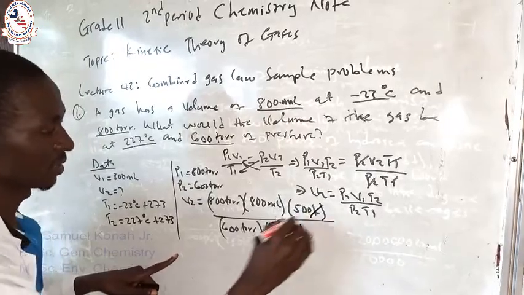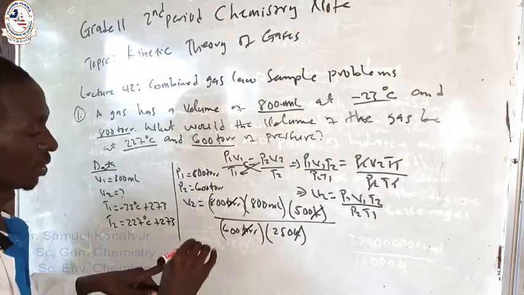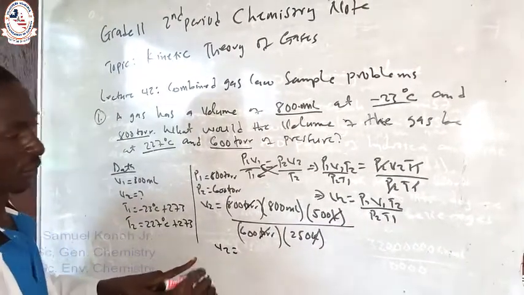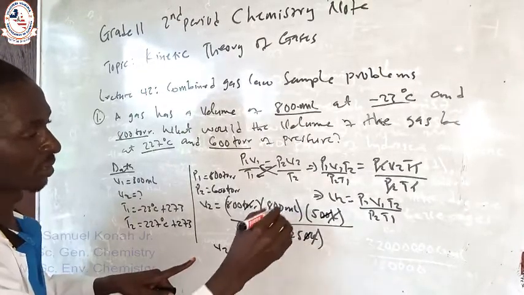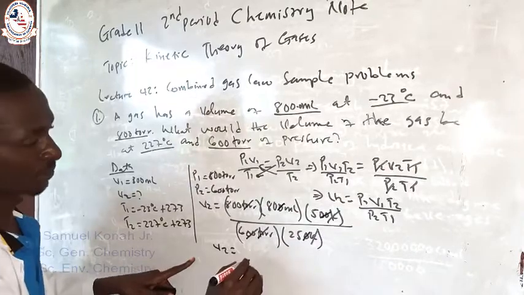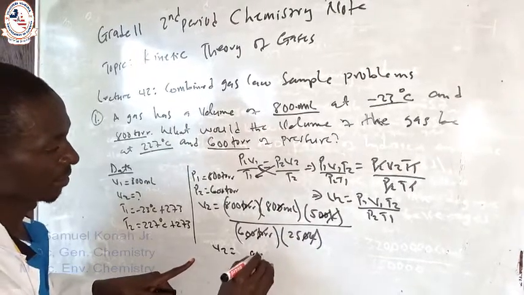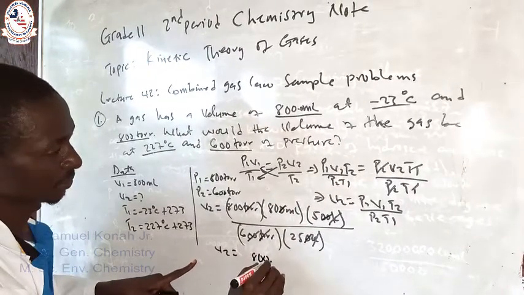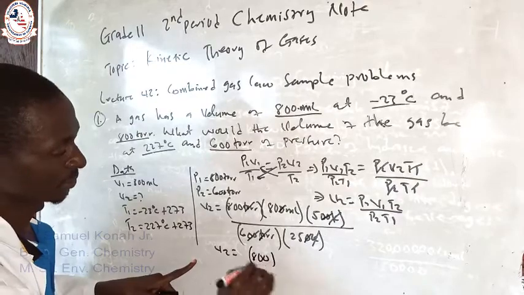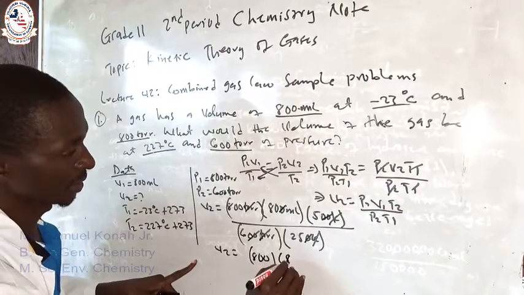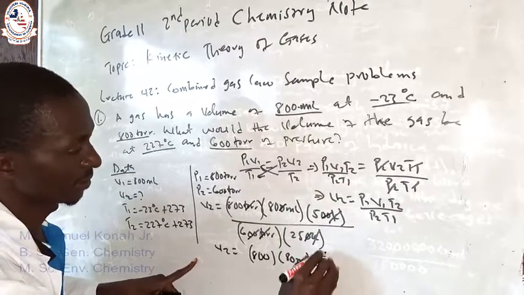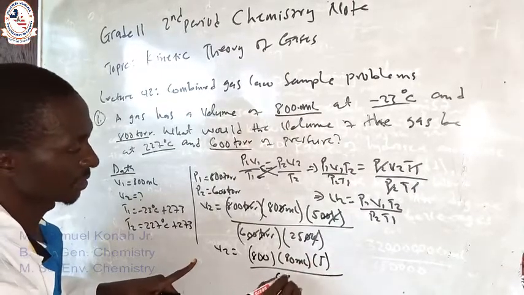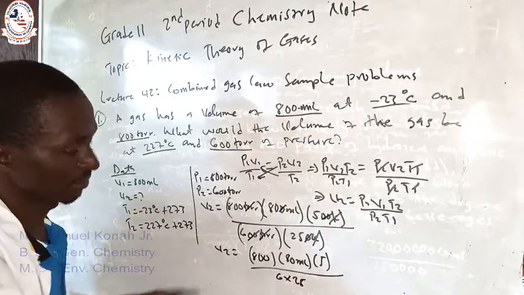So K cancels K, and torr and torr cancel. For our V2 we reduce the zeros. So here we'll have 800 times 80 ml times 5 divided by 6 times 25.